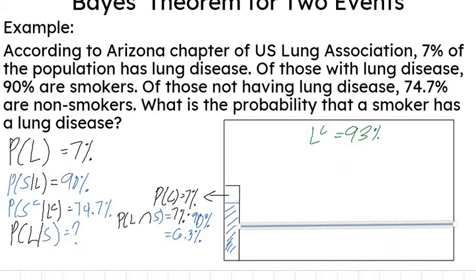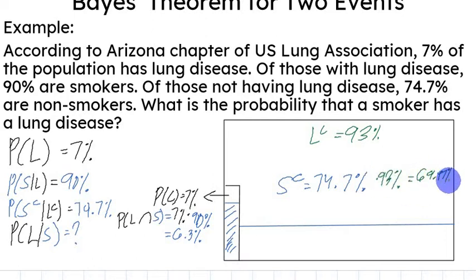So we have here that of this 93%, the non-smokers would be 74.7% of our 93%. And that will give us around 69.47% here.